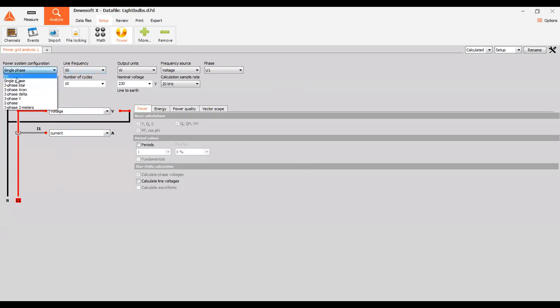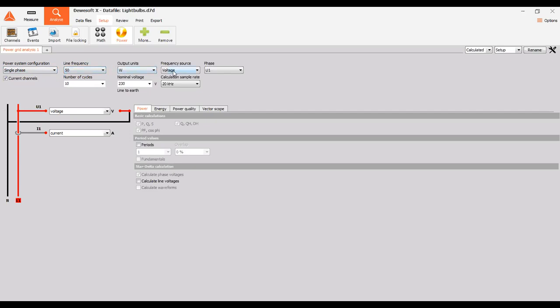to go more in detail, we have the different possibilities of power system configuration. We can choose DC, single phase, three-phase star, three-phase delta, V, two phase, or three phase with 2 meters. We can change the line frequency from a given one for railway or aerospace application to variable frequency, for example, for e-mobility testing.